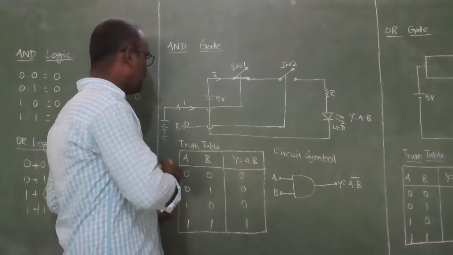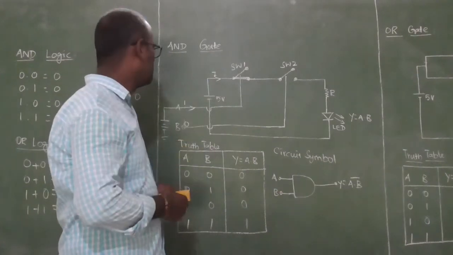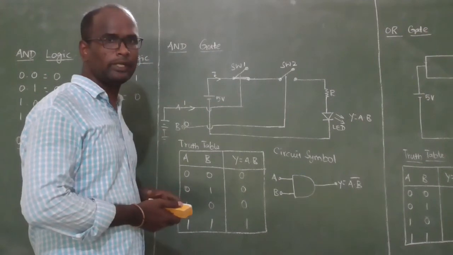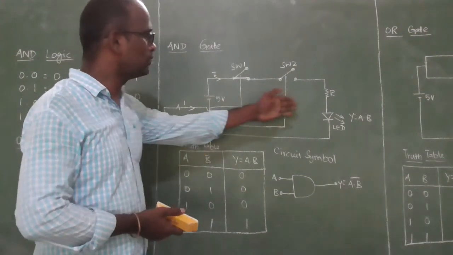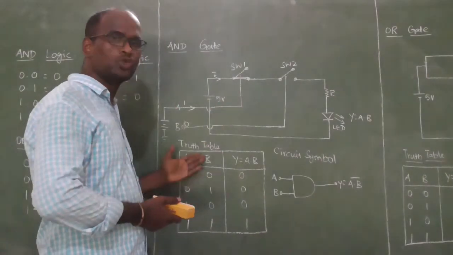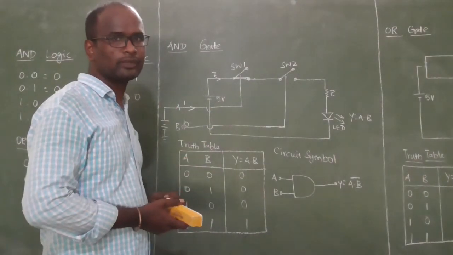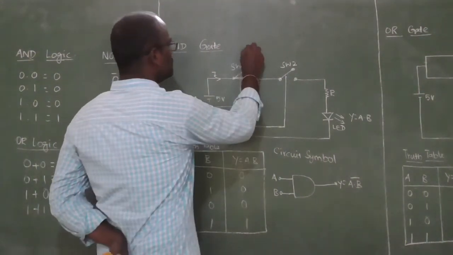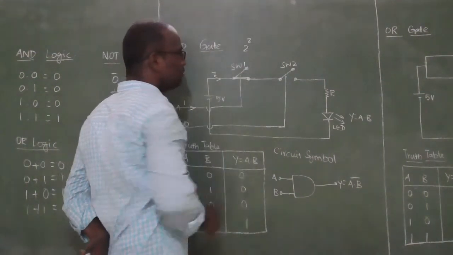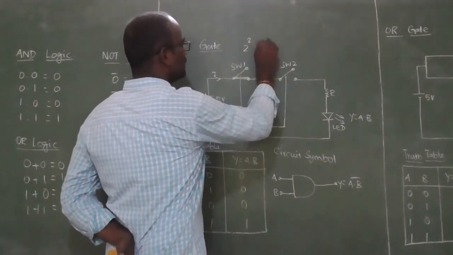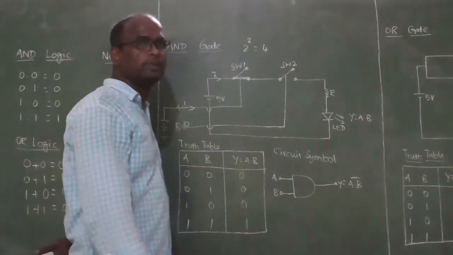So by applying these binary combinations for the two inputs A and B, we get the output as per the truth table of the AND gate. Understand? How is it possible? 2 power the number of inputs gives the number of input combinations to be applied.